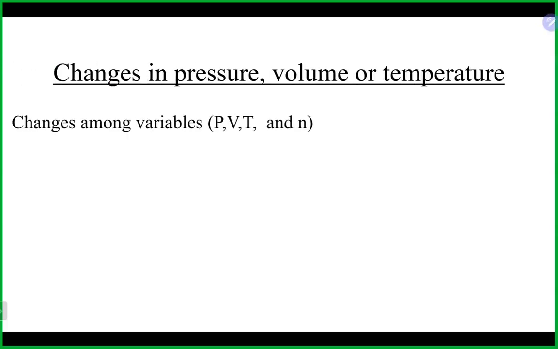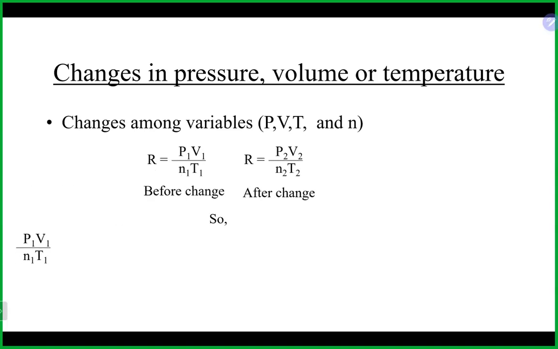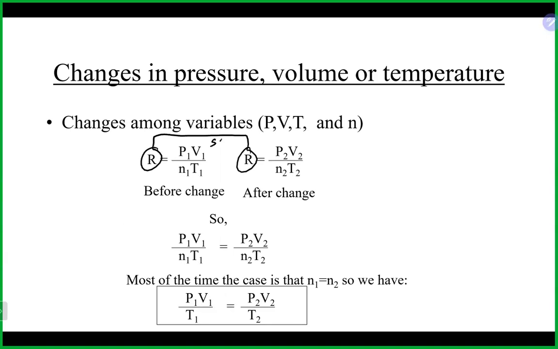The next thing we're going to talk about is what happens when we have changes in pressure, volume, and temperature. If you take the ideal gas law and solve it for R, which is a constant, for two different conditions, that's an R and that's an R, and those are the same value. That means you could put these two parts of the ideal gas law equal to each other, and we get this.